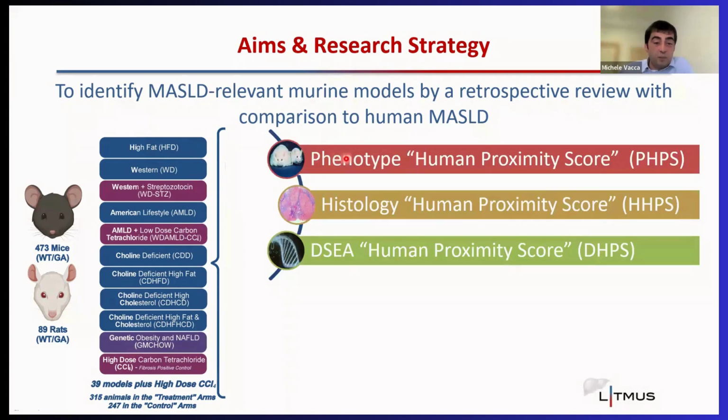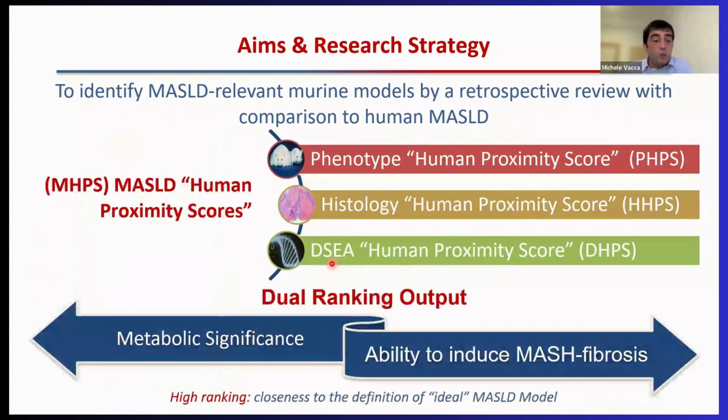We collected information regarding phenotype, histology that was centrally stained and scored by the liver histology group, and gene expression data, mainly sequencing for a couple of models. We had microarrays available. And we generated a dual ranking output that we called the MASLD Human Proximity Score, which ranks the models on the basis of metabolic significance or the ability to induce MASH and fibrosis, and high ranking means closeness to the definition of an ideal MASLD model.